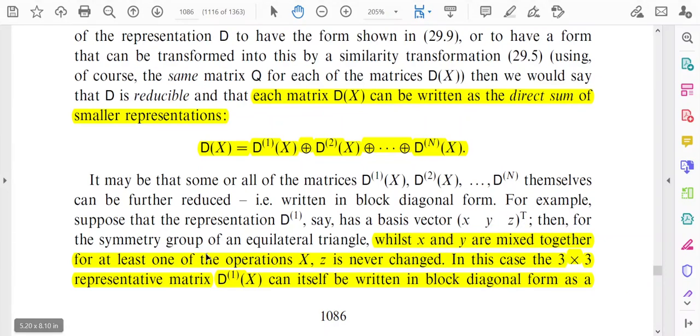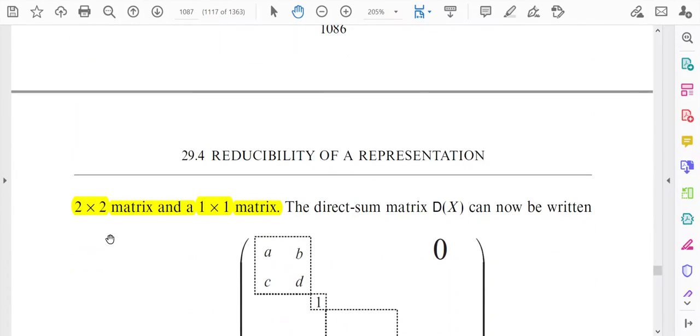Then for the symmetry group of an equilateral triangle, while x and y are mixed together for at least one of the operations, suppose you consider a rotation operation, we have already discussed that in this operation x and y are mixed together, but z is never changed. In this case, the 3 by 3 representative matrix D1(x) can itself be written in block diagonal form as a 2 by 2 matrix and a 1 by 1 matrix.